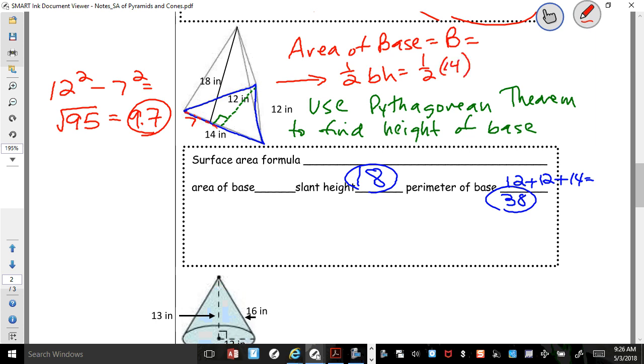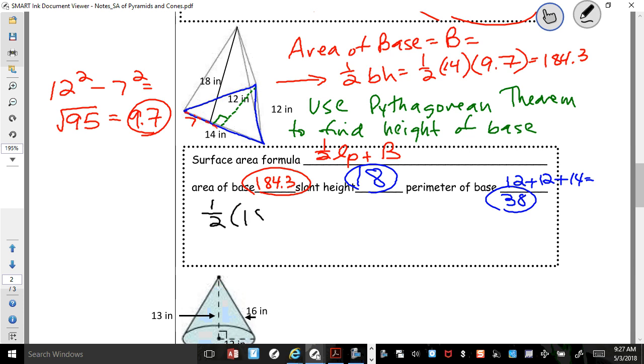Base times 9.7. What is it? 184.3. Now we can take all of that and plug it into, what's our formula? 1/2 LP plus big B. So we're going to go 1/2.